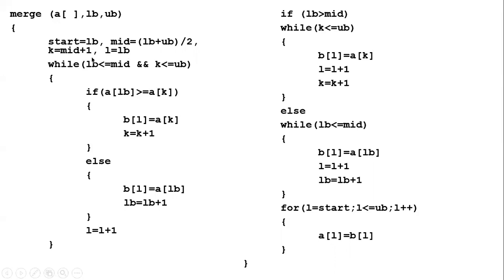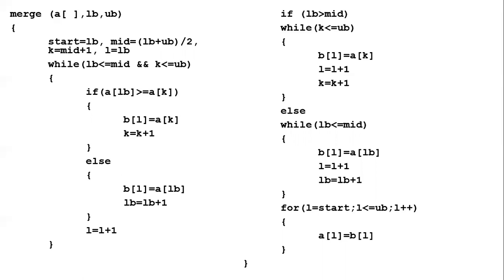After merging these two sorted arrays, I will be keeping the data into a temporary array B. So in temporary array B, the data will be stored after sorting. After merging, the B array content will be dumped into A array.